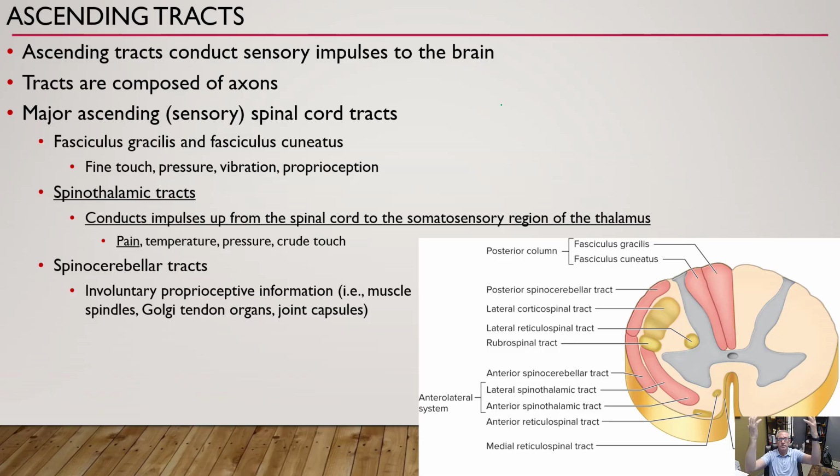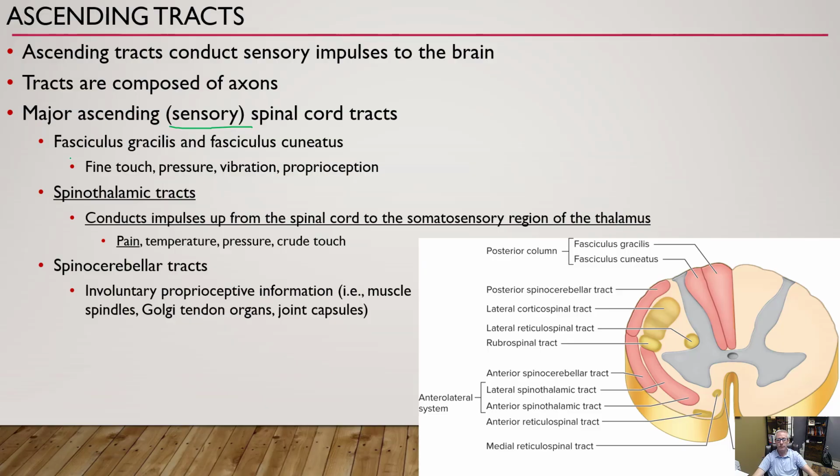Descending tracts carry information from the brain back down to the spinal cord and out to the peripheral nervous system. So they're going to carry motor information. So there are ascending tracts that carry information up into the brain from the spinal cord.